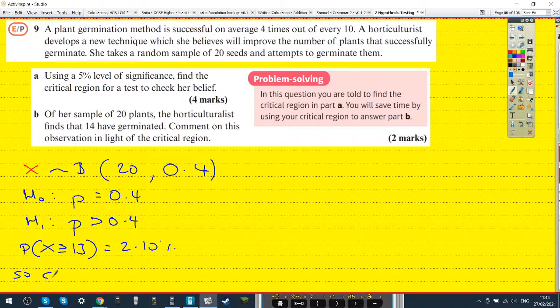And so the critical region is X is greater than or equal to 13. So 13 or more. Okay, B.